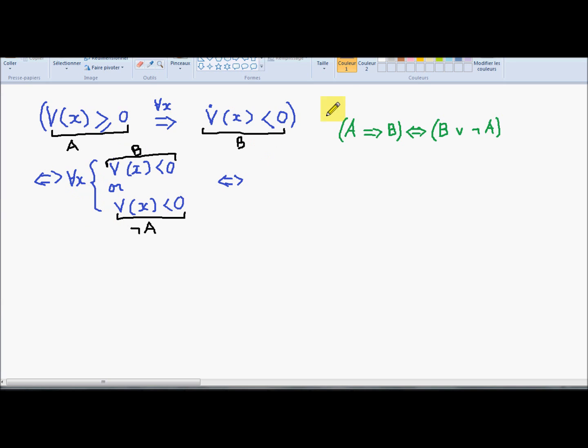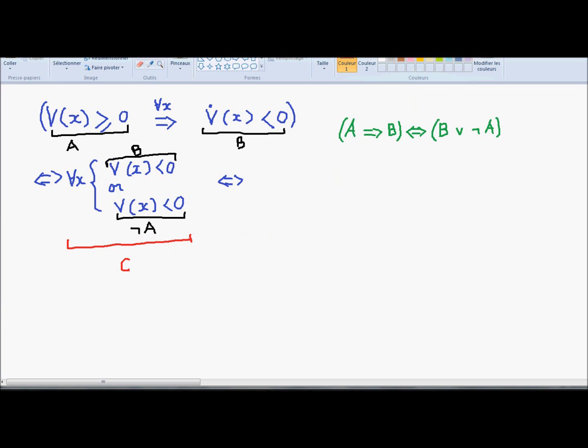So let's call this proposition C. I will say that C is true if non-C is inconsistent.